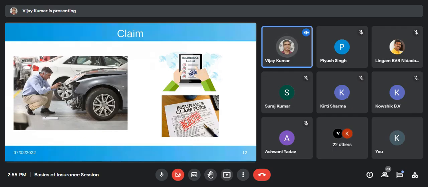But in the positive cases, you had bought the coverage and everything is good, the claim will be approved and the customer will be paid the money for which they had filed the claim. It's a simple process, but this is one of the most important modules in the insurance world. Any questions?